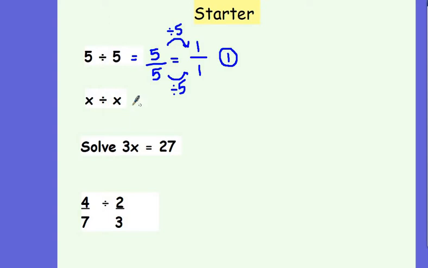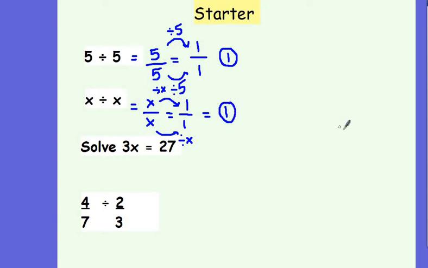In the same way for x, I could write x over x. I can divide top and bottom by x to give me 1 over 1. And then just like 5 divided by 5, x divided by x becomes 1.